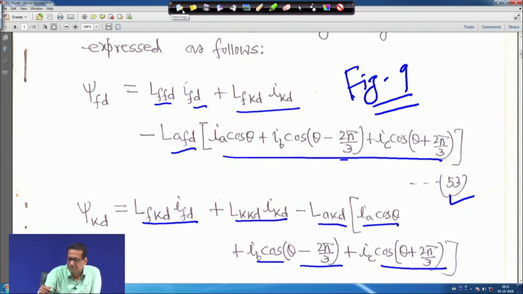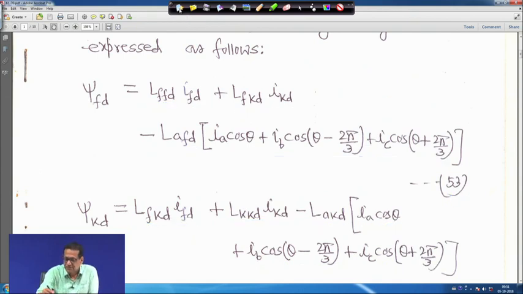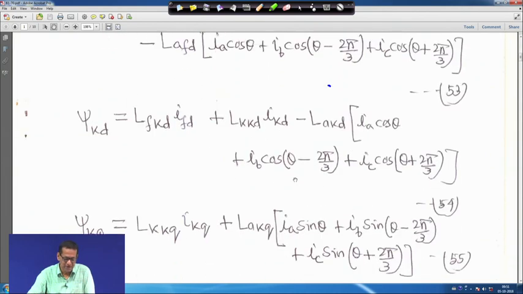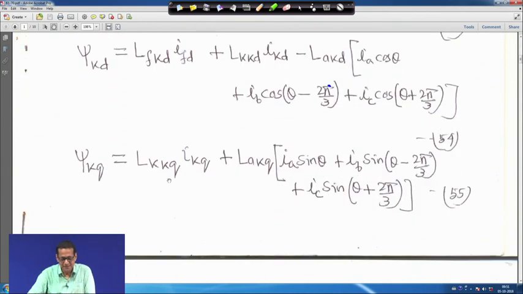Similarly, you have a damper winding on the Q axis. So, there it will be LKKQ IKQ plus LAKQ into IA sin theta plus IB sin(theta minus 2 pi by 3) plus IC sin(theta plus 2 pi by 3), because the D axis and Q axis are 90 degrees apart.